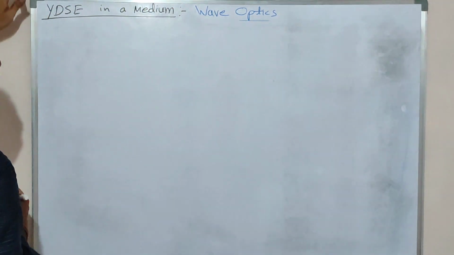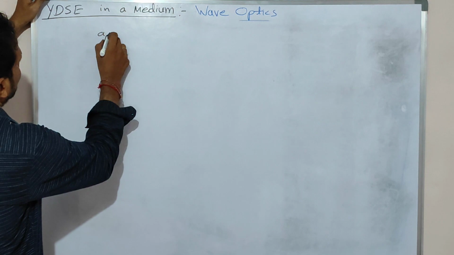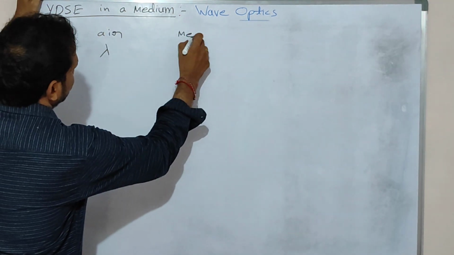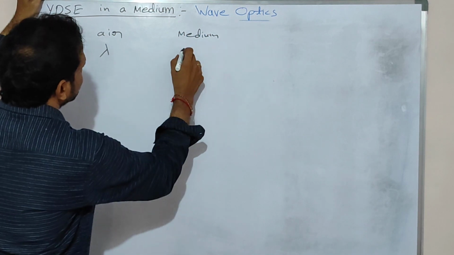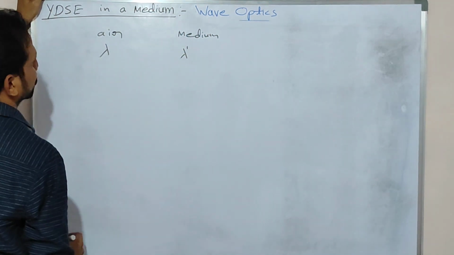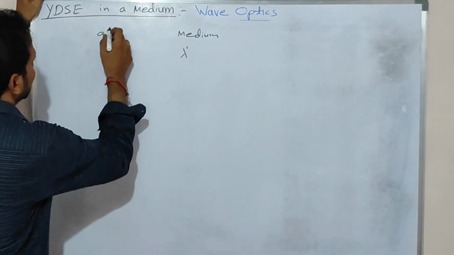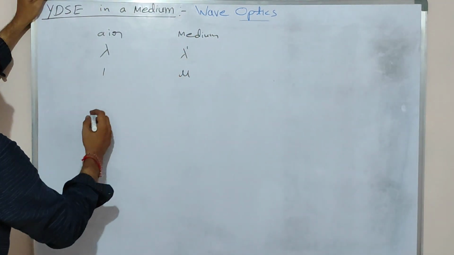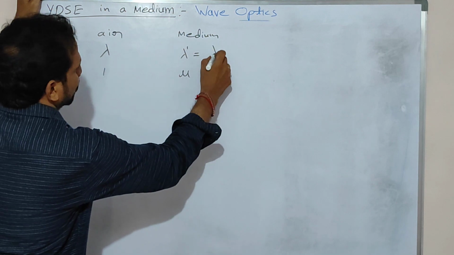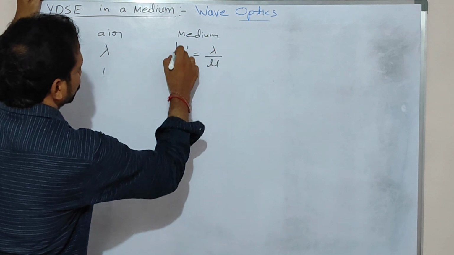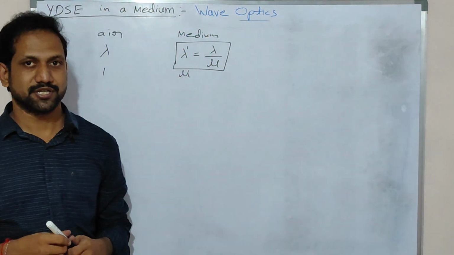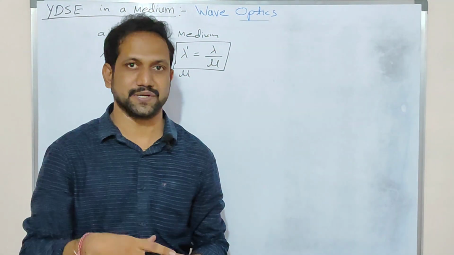How will the wavelength change? Suppose in air the wavelength of light is lambda, and in the medium the wavelength is lambda prime. Air refractive index is 1, medium refractive index is mu. Then lambda prime equals lambda divided by mu, that you know very well. If an optically denser medium is there, it will have less wavelength, less speed.